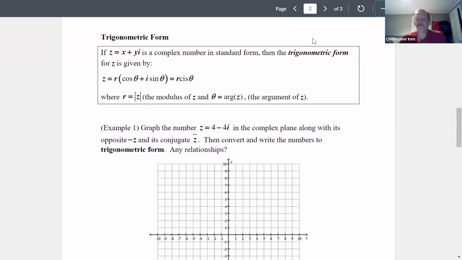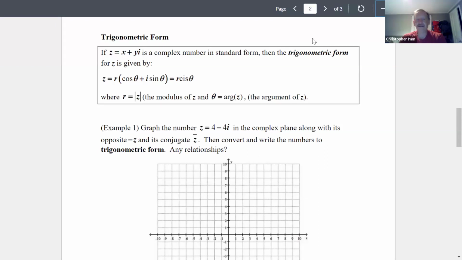Trig form is going to be a really useful way for us to manipulate these complex numbers pretty easily. So if we can find that modulus and that argument of our number in the complex plane, then we can find the trigonometric form of this number.